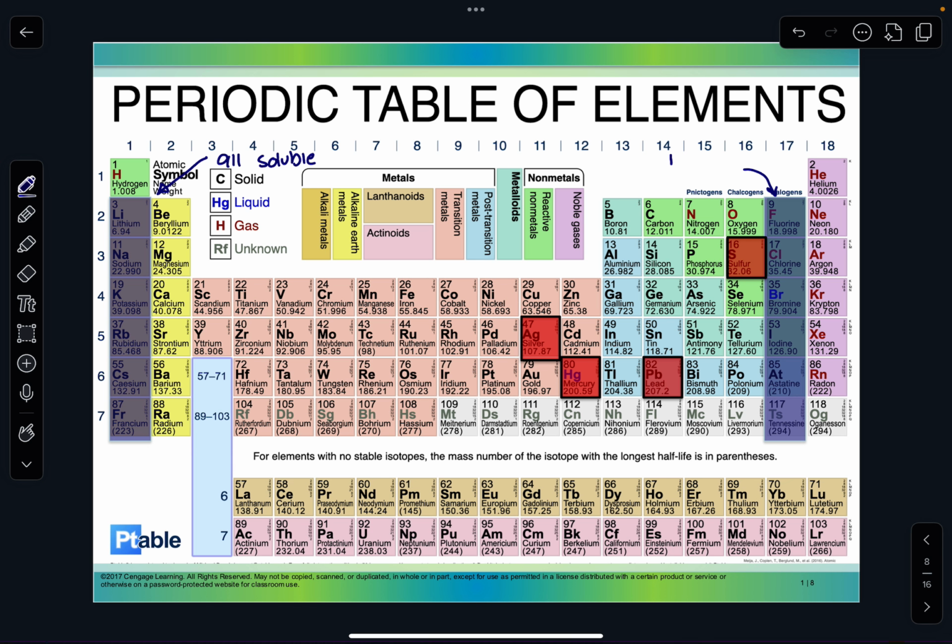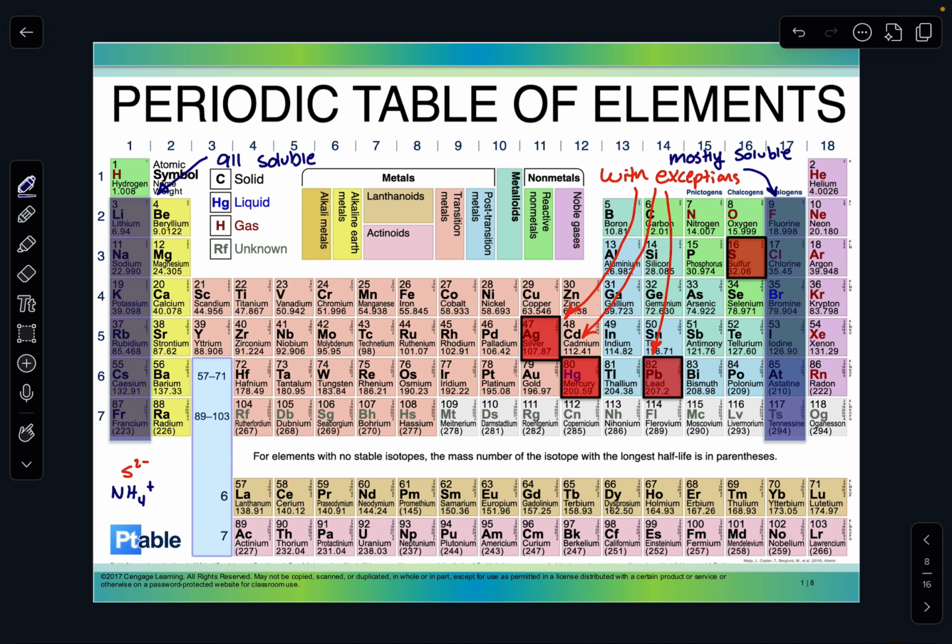These are mostly soluble. And that is with exceptions. And so these exceptions are going to be silver, mercury, and lead. And also, if you have a sulfide, that is also going to be insoluble. So S2 minus, as well as, but for solubility, we are also going to have NH4 plus.